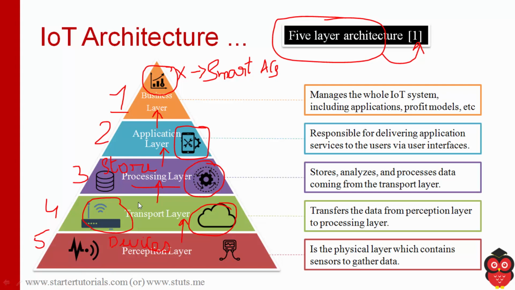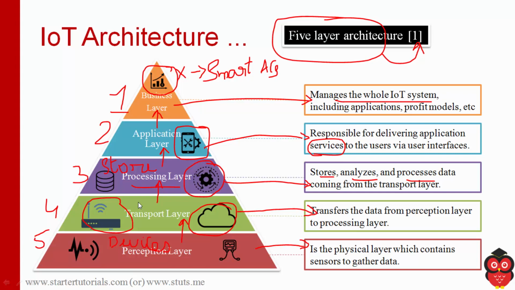Okay, so you can see the functionalities. Physical layer contains sensors which gathers data, and the data is transferred to the perception layer by the transport layer. So at the perception layer the data is stored and analyzed and processed, and then the application layer will be accessing the services via user interfaces, and the business layer is responsible for managing the whole IoT system.